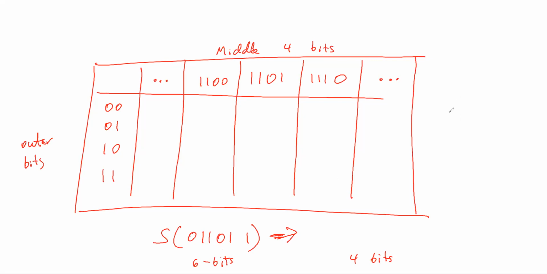So the trick is, we take this value, 011011. You can see I'm separating it out a little bit. You have the 4 middle bits, which are these, and then you have the 2 outer bits, which are these. So you have to look this up in the table to find the corresponding value. This table would be populated with numbers.